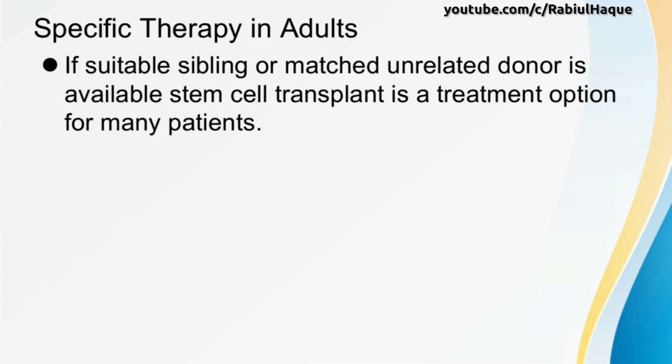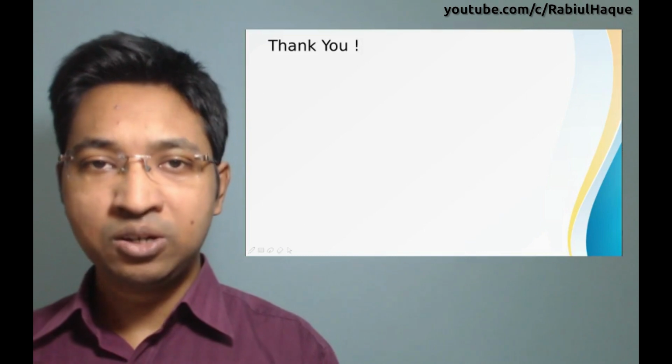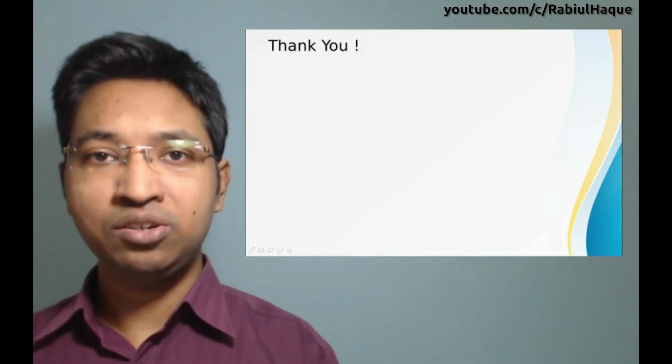And if a suitable sibling or matched unrelated donor is available, stem cell transplant is a treatment option for many patients with acute lymphoblastic leukemia. So this concludes our second lecture on leukemia.